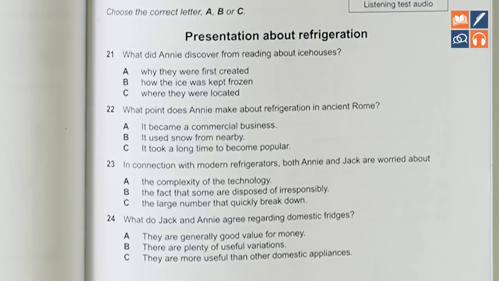But they're not talking about how they are disposed of at all. What you can do is eliminate B, and then make a guess: is it going to be A or C? Now again, you're only doing this with questions that are very difficult, or you lose focus, or you get lost. But you've just increased your chances from 33% to 50%.